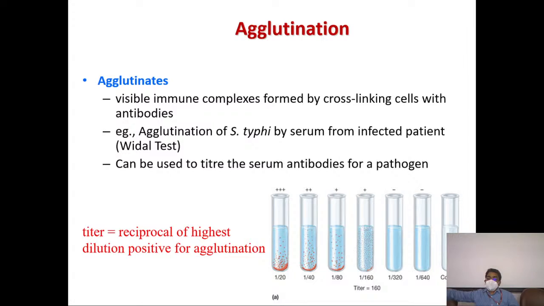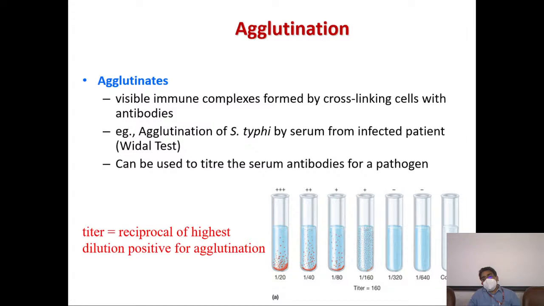That's where we put the serial dilution of the serum from the patient sample. Then we add a fixed amount of known antigen to each tube. We see all the tubes until the reaction comes. The last tube where we see the reaction is 1/160, so the reciprocal of the highest dilution is the titer, that is 160.